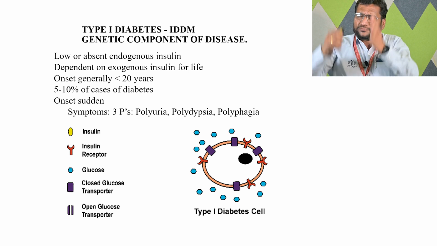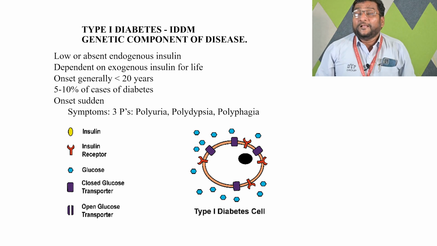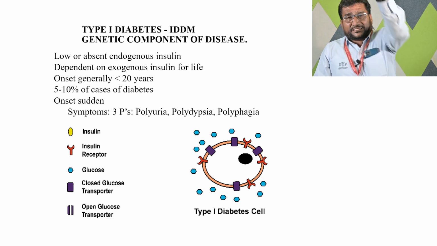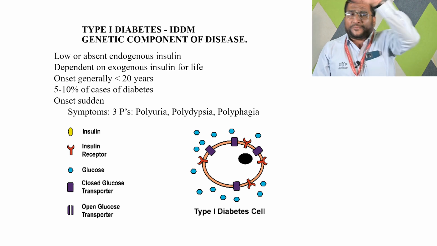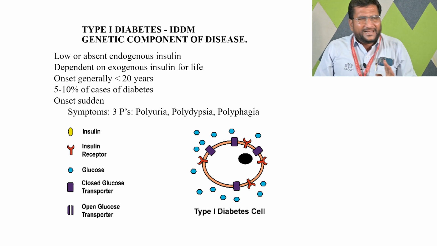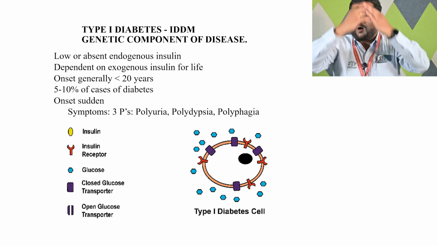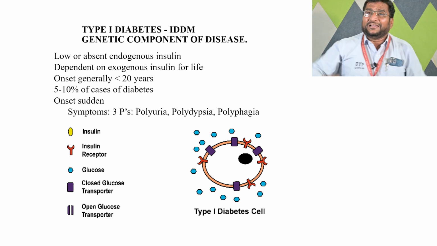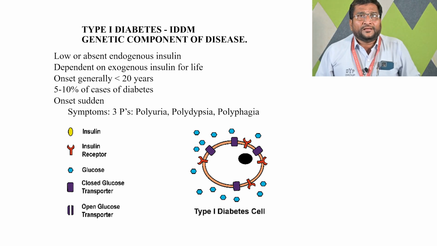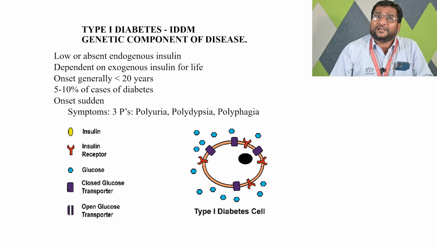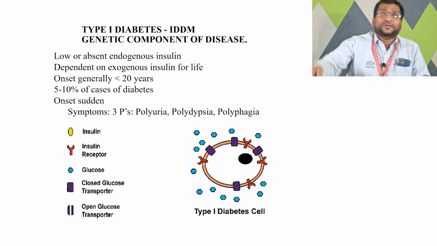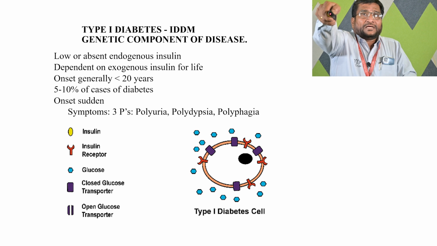So here, absolute deficiency of insulin leads to the need for an external or exogenous source of insulin for the rest of life, but it doesn't mean that the person can perform normal activity even though he takes the exogenous insulin. So here there is low or absent endogenous insulin. That's why for the rest of life the person is dependent on exogenous insulin.